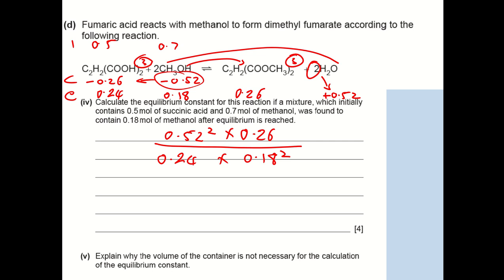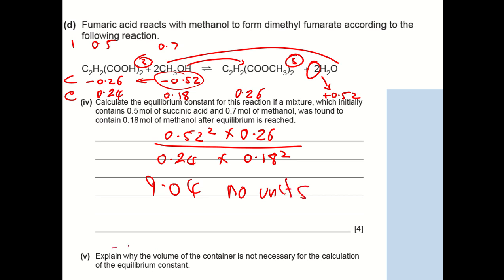So let's just do that: 0.52 squared times 0.26, divided by 0.24 times 0.18 squared. If I punched everything into my calculator correctly, I'm getting a value of 9.04, and that would be no units.